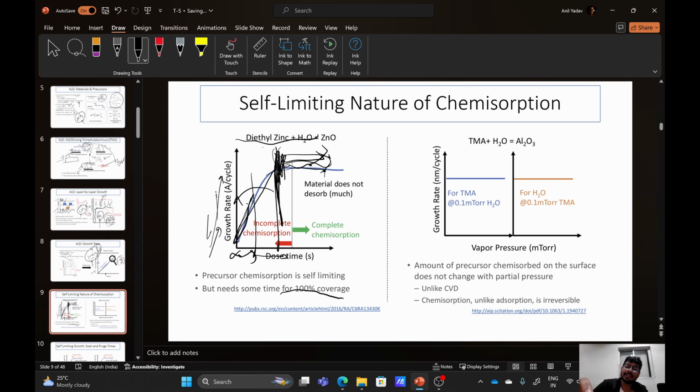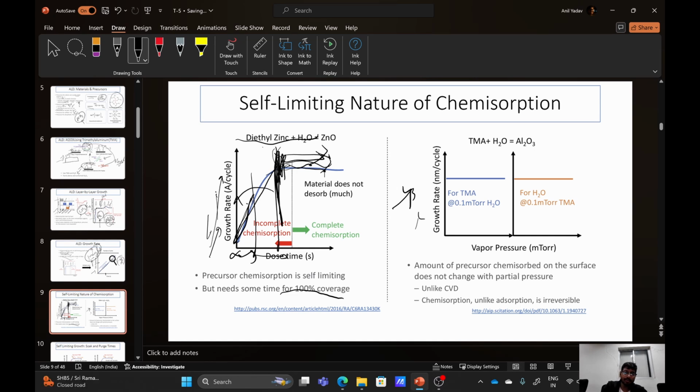Another thing is that this is independent of the pressure. How much partial pressure of your precursor you give won't affect the growth rate. It should be enough to cover the whole substrate.